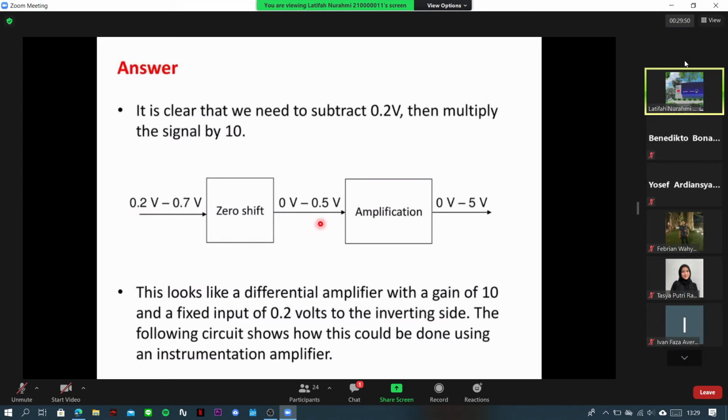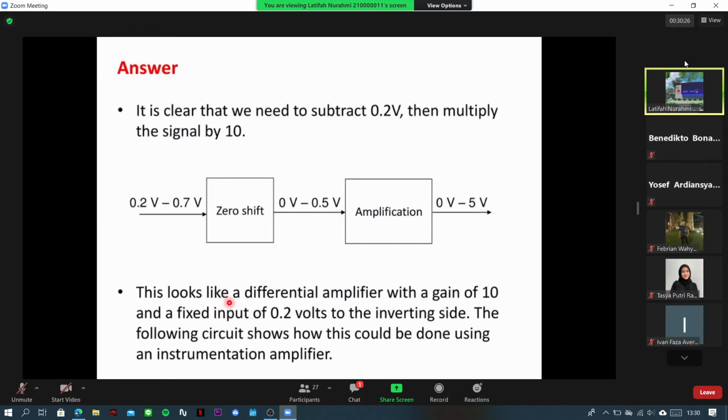So they will have the same range between 0.2 to 0.7 and 0.0 to 0.5. After you shift to 0, it will be easier. Now to amplify this to be 5 volts, you have the same starting point, 0 volts. Now we need to amplify this to be 5 volts.